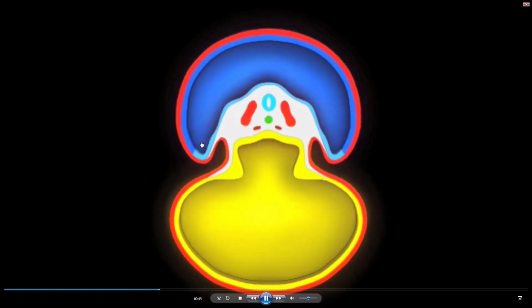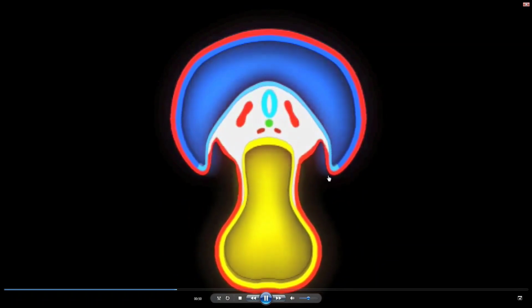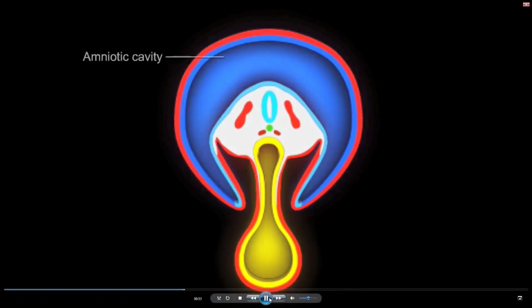We can see a nice neural groove right here, and the important thing is going to happen right here. We have these lateral structures over here, and these structures are from the amniotic cavity. These are called folds, amniotic folds. Since this is the transverse section, they are called lateral folds, folds of the amniotic cavity. They compress the yolk sac.